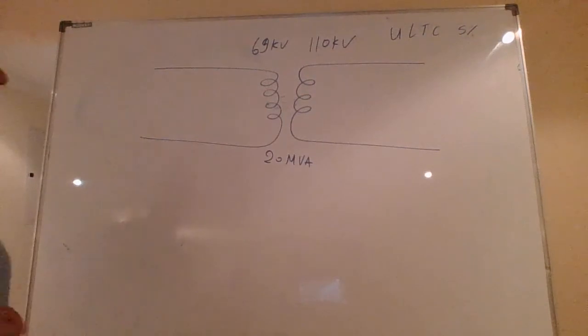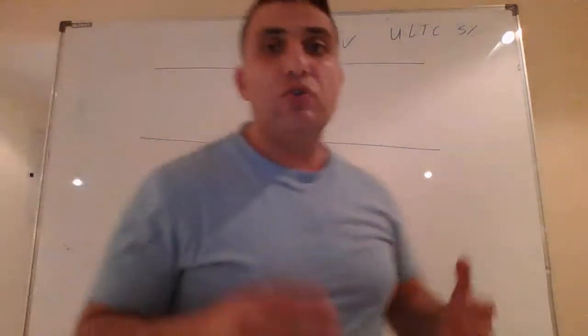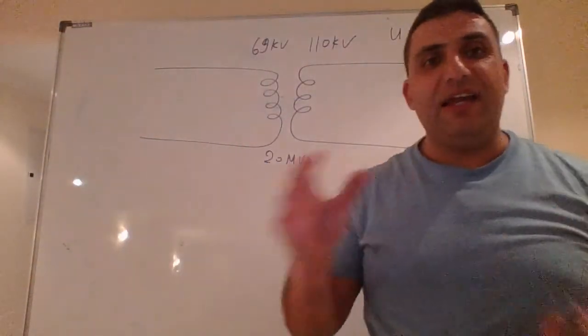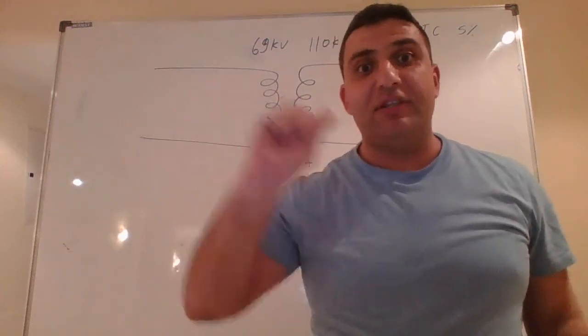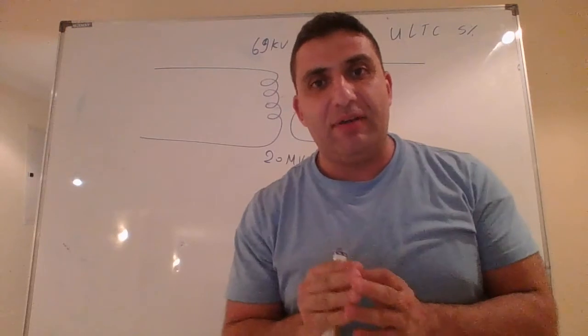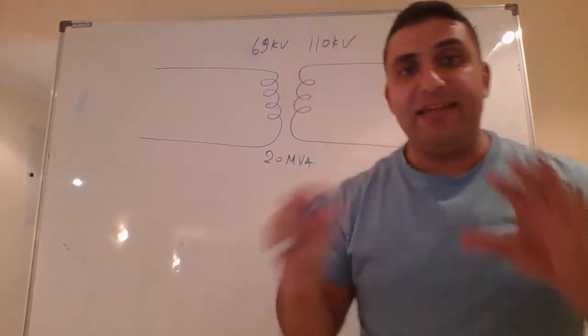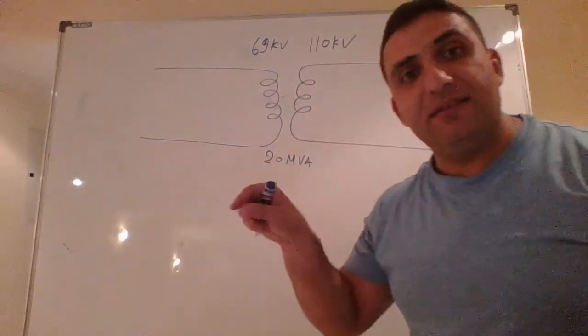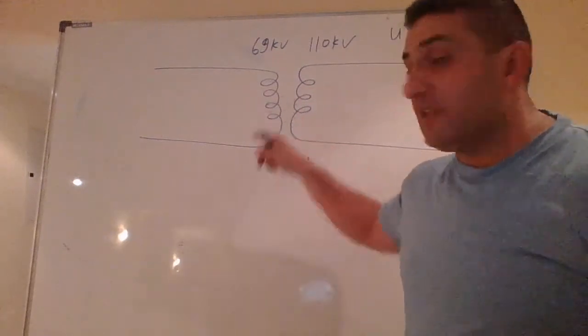One more element we have to pay attention to when we choose a relay: every relay has a current tap. To minimize the error, every relay will have a tap to connect the actual output of the CT.